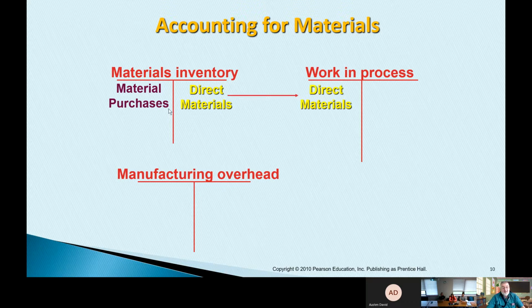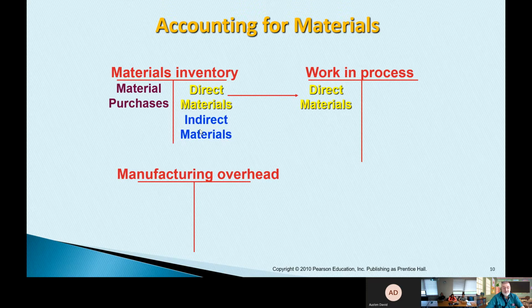Remember, if it's coming out of inventory, we got to work on it first, right? Yeah, that's right. So we purchase the materials, it becomes our direct materials, and it's going to go into our work in progress. Okay? Well, we also have indirect materials.